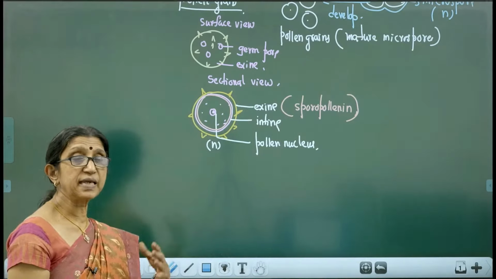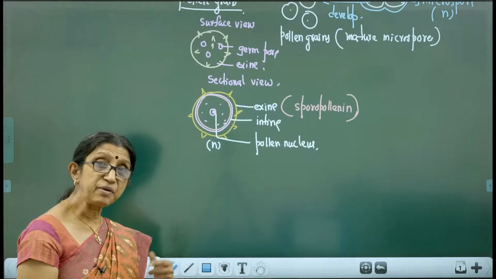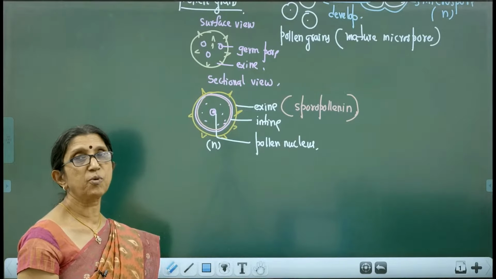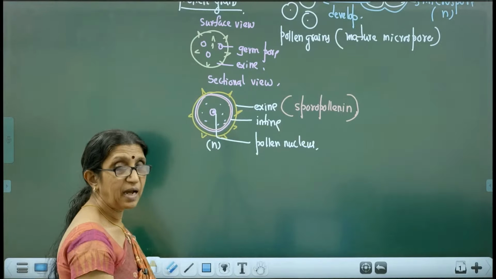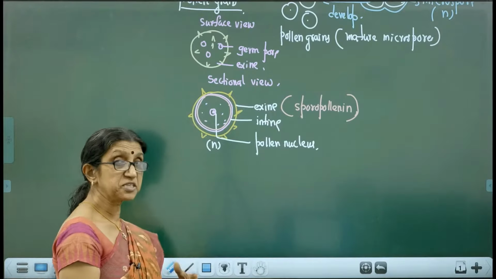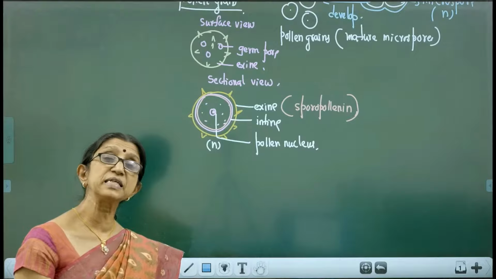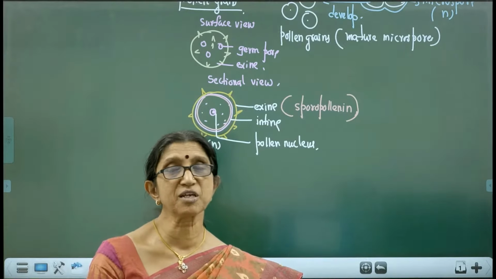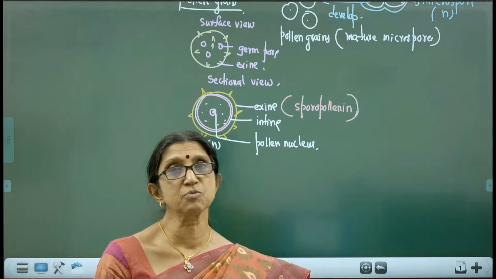Now let us see what changes occur in the pollen grain before the anther dehisces for the release of pollen grains. This is the uninucleate stage, and this haploid nucleus is in the center. In the next stage of development, we can see this centrally located nucleus getting shifted towards one side, and that marks the future position where the generative cell is going to develop within this pollen grain.